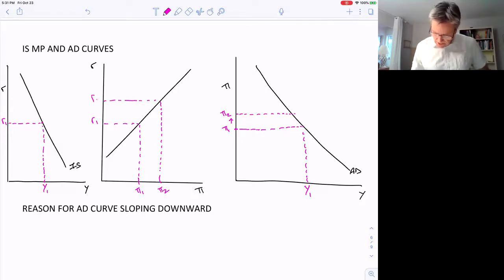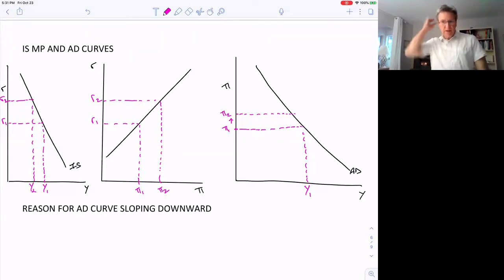So they raise it up to R2. And when interest rates go up to R2, higher interest rates make investment fall. And output then, we'll call it Y2, is less than Y1.